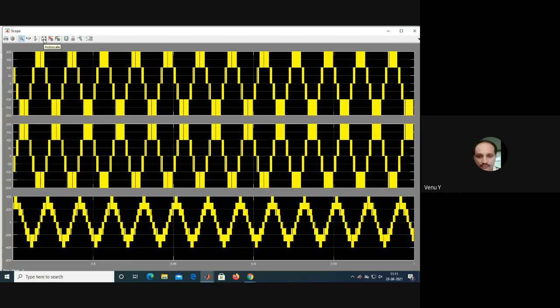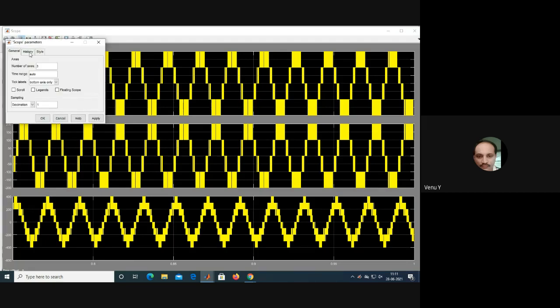This is the V output. This is open loop control without any filter.